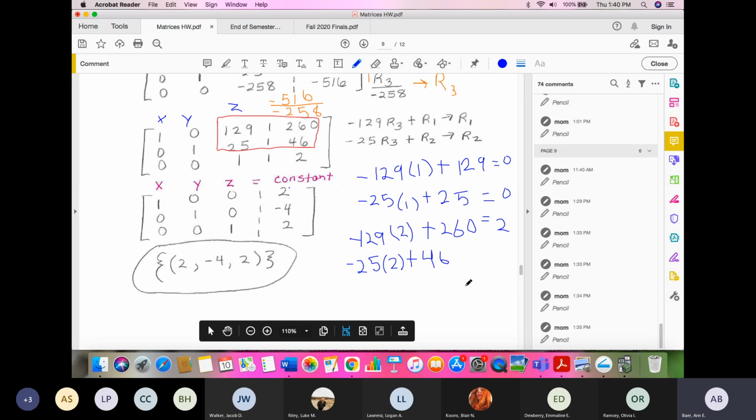And back to the calculator. That's what's going to go in row 2, and it should be equal to negative 4. Let me just check. Negative 25 times 2 plus 46. I do indeed get negative 4. So let me write that down, negative 4. So it's complete.